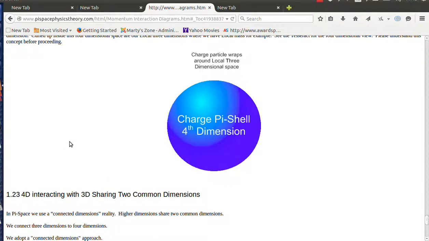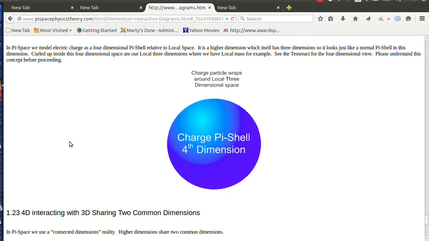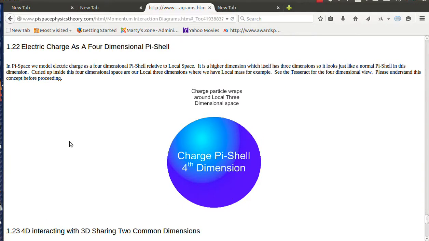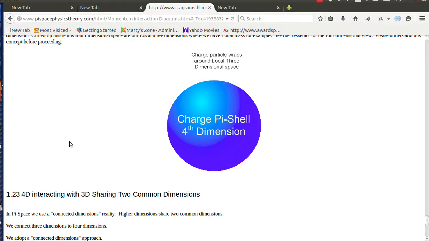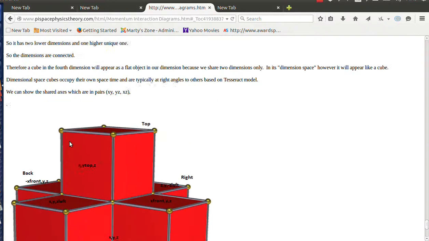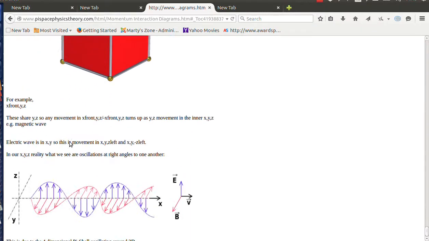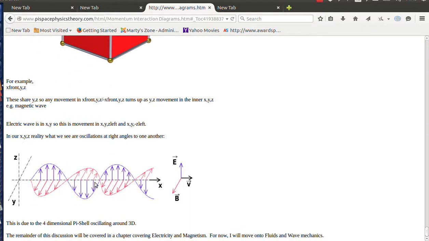So a charged pi shell is in 4 dimensions, and each of these outer dimensional boxes has 3 dimensions, and on each plane in our reality, the one we live in, we share only 2 of the dimensions, and that's why we see things like electromagnetism in this way, and why they're perpendicular to each other. So this is the reason for the geometry of electromagnetism.